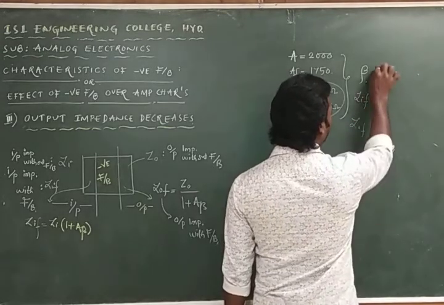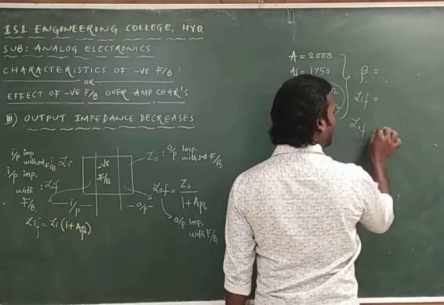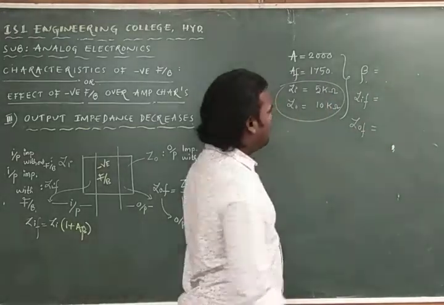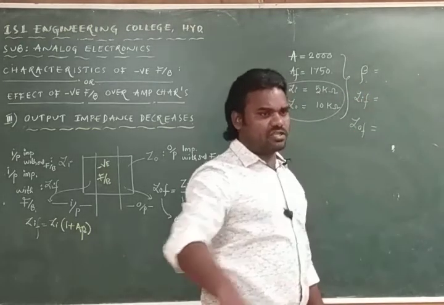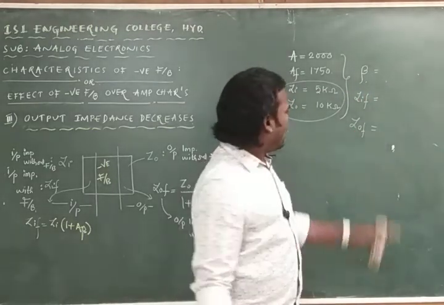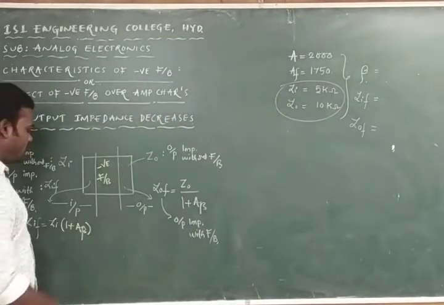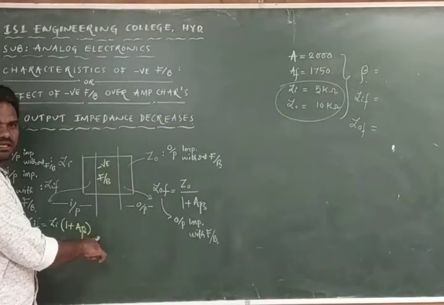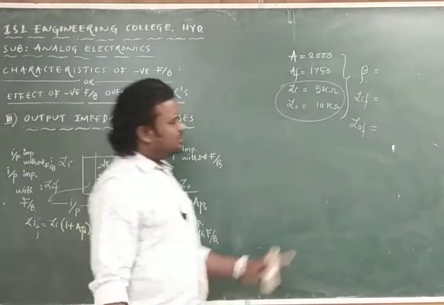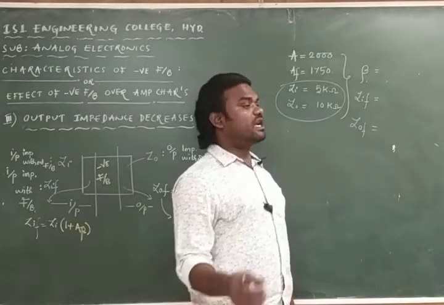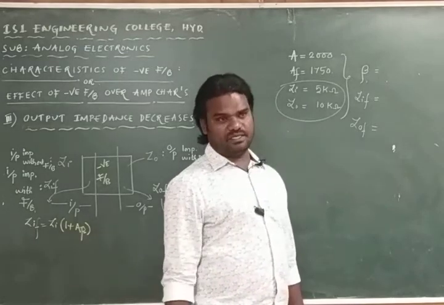That means three things we have to calculate: beta, ZIF and ZOF. Beta we know how to calculate; we solved it in the previous problem. ZIF we have the formula: ZIF equals ZI into 1 plus A beta. Next, ZOF equals ZO by 1 plus A beta.